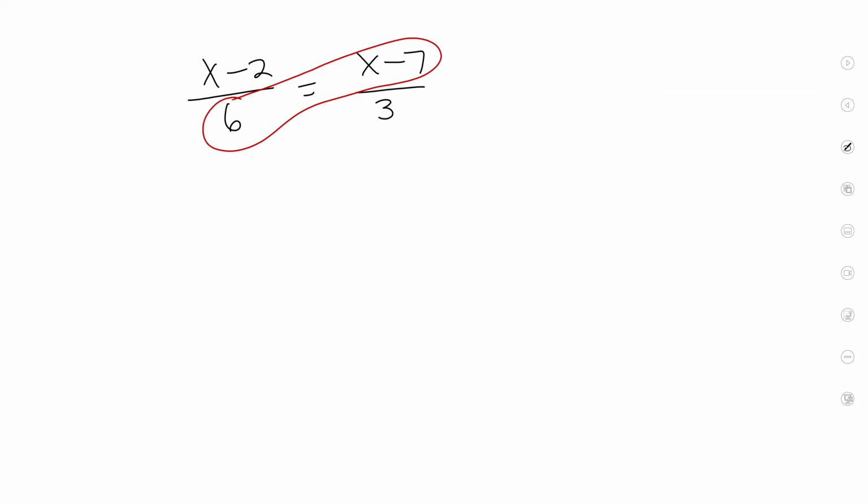So let's do the first problem. I'm going to cross multiply. 6 times x minus 7. We write that as 6 times x minus 7. Now we'll do the other diagonal. 3 times x minus 2.